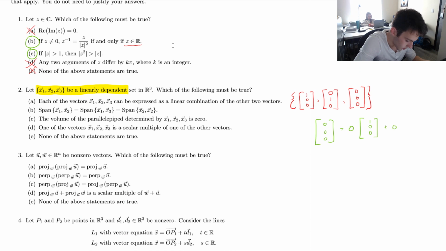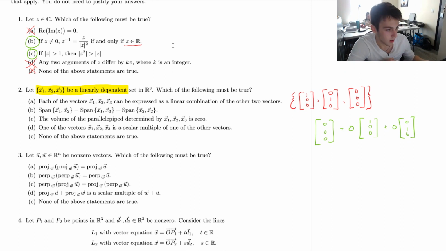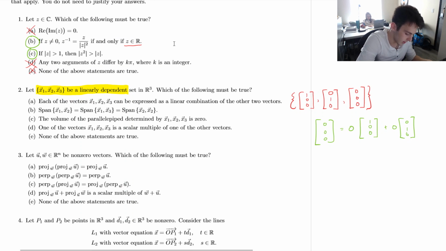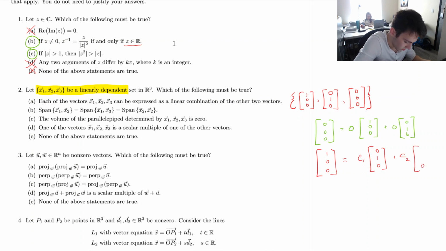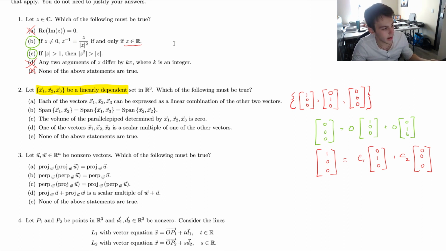So we've just shown it's linearly dependent, but you cannot have a linear combination for this first vector here, 1, 0, 0. There are no constants that you can solve for that will make this hold true, right? So shown by a counterexample, we know that A is false.